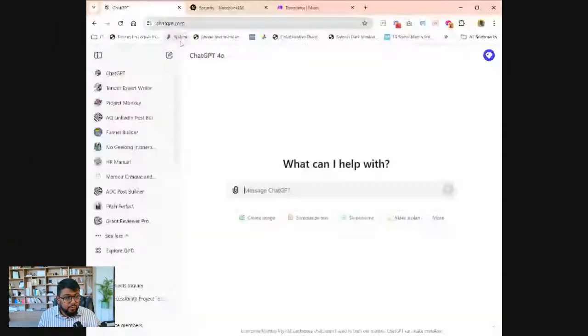I'll stop sharing and I'll share my screen again so that I can take you through our first thing. So the very first thing that we are going to be looking at is ChatGPT. This is a pro version of ChatGPT.